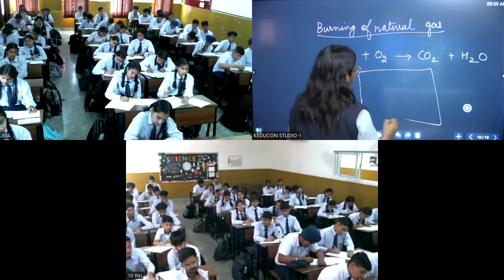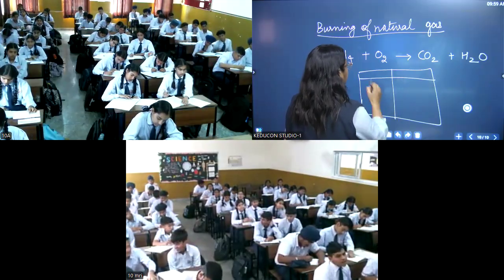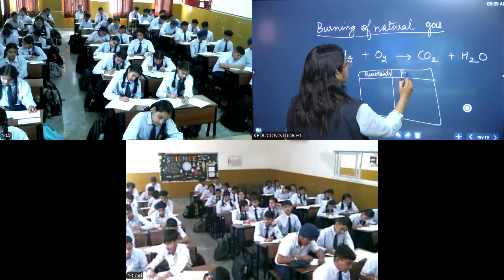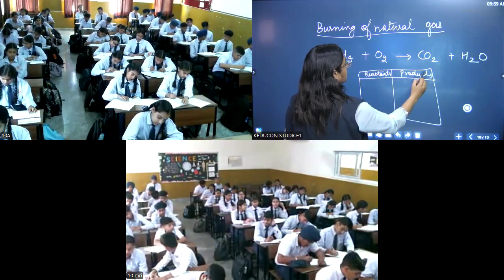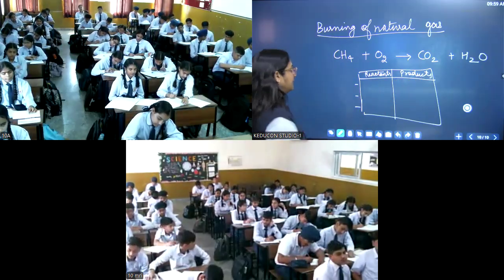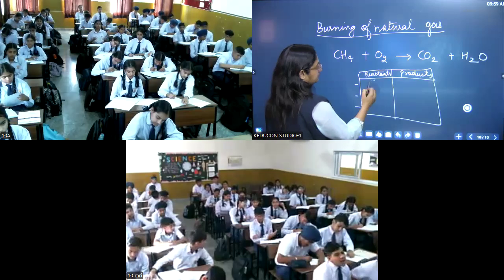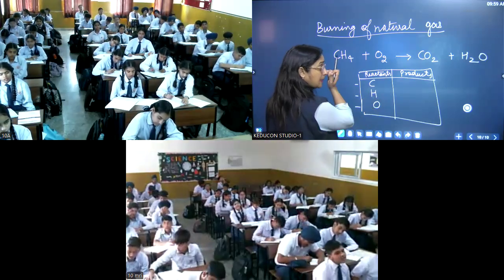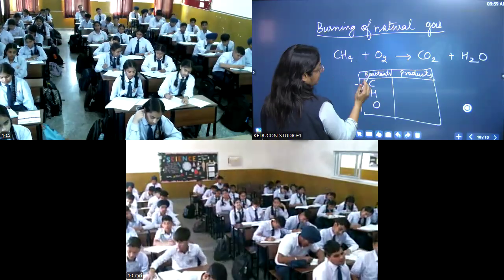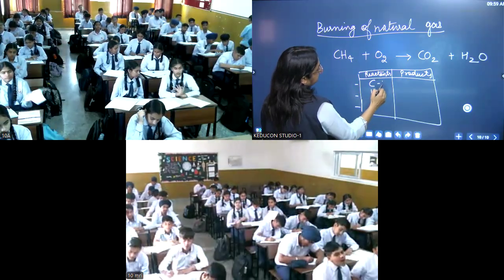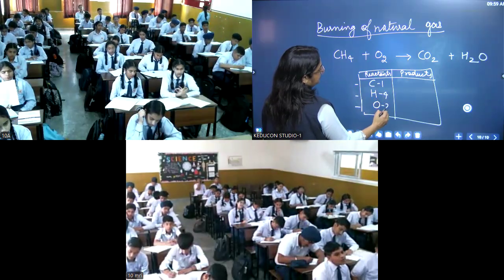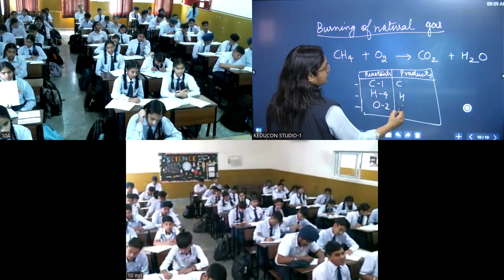Again, we'll write the reactants on one side and products on the other. Which elements do I have on the left hand side? Carbon. Hydrogen. Oxygen. And what is the number of carbon here? 1. Hydrogen. 2. Carbon, hydrogen, oxygen.